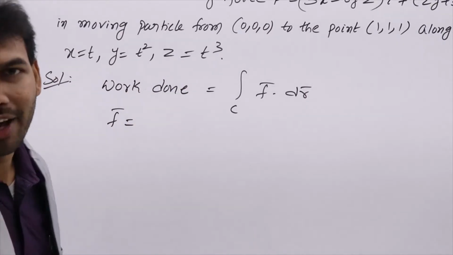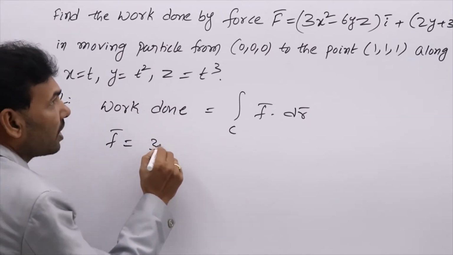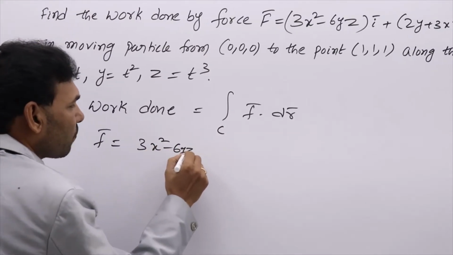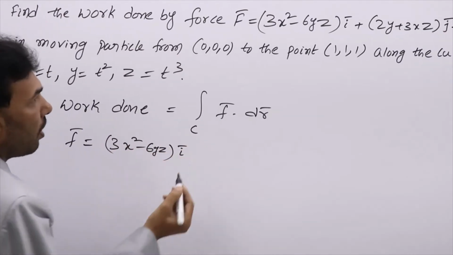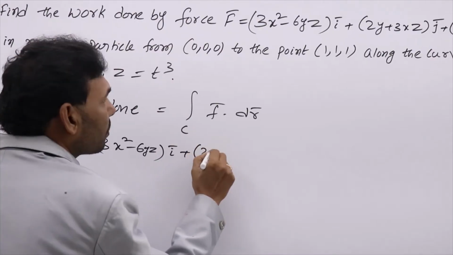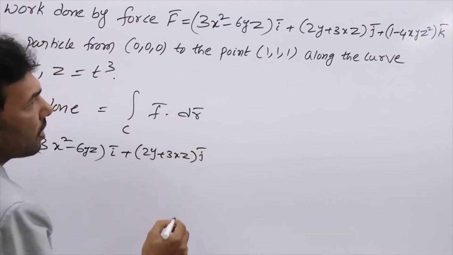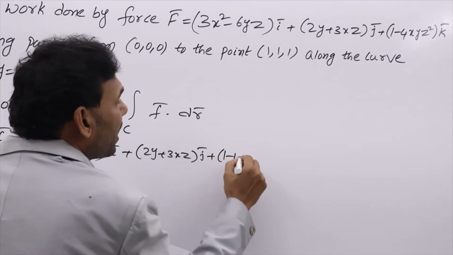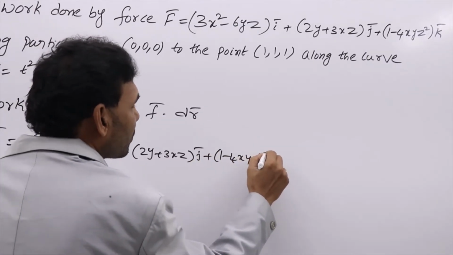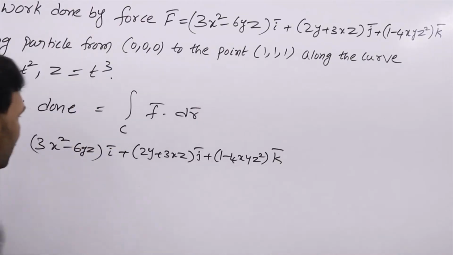What is given f bar? Vector point function: 3x square minus 6yz into i bar plus 2y plus 3xz into j bar plus 1 minus 4xyz square k bar. This is given f bar.